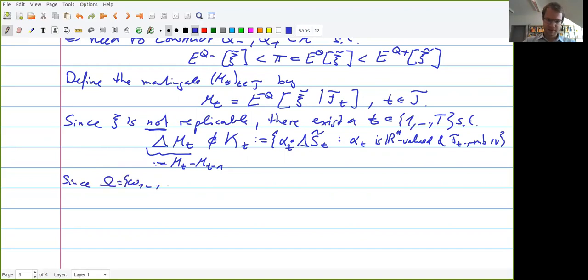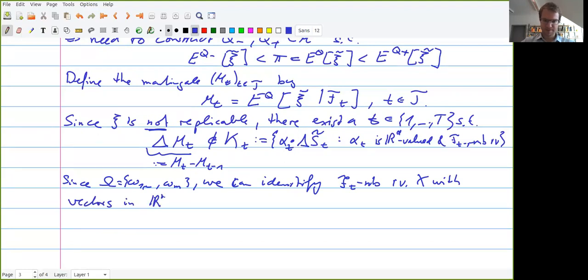Since we are on a finite probability space, we can identify the F_t-measurable random variables X with vectors in R^m, where, as before, we identify them by evaluating our random variable at these omega 1 to omega n. So these are the elements in our sample space.